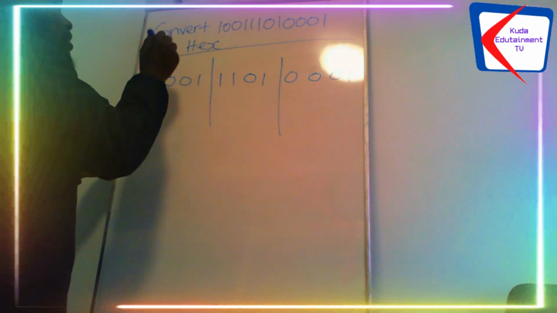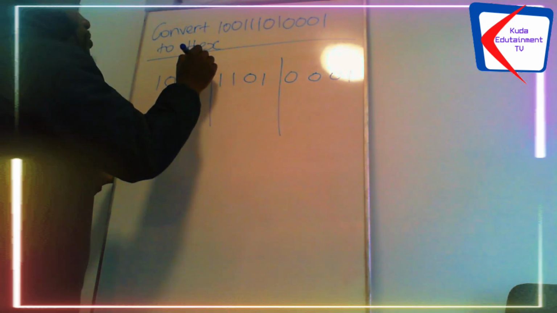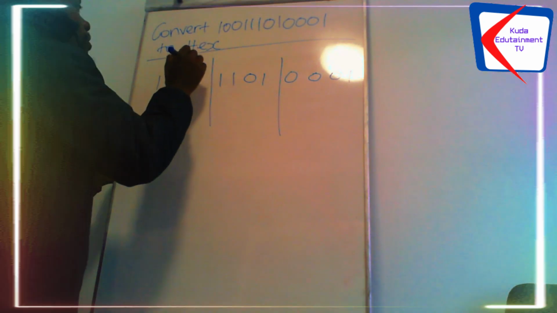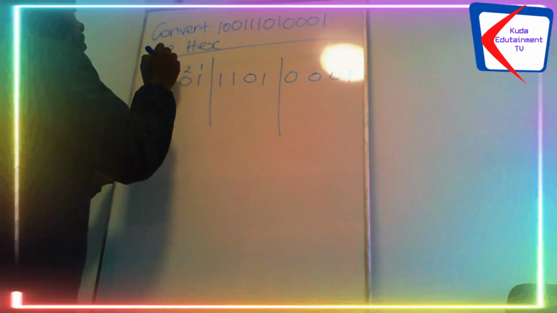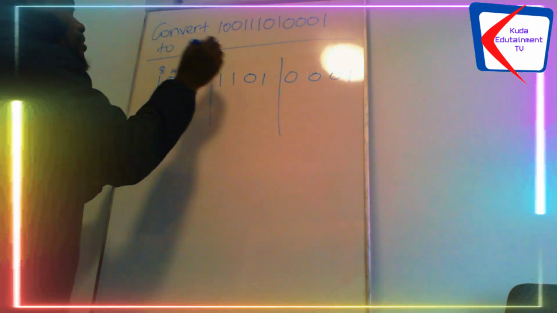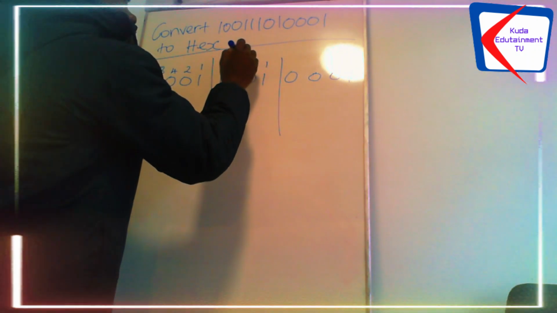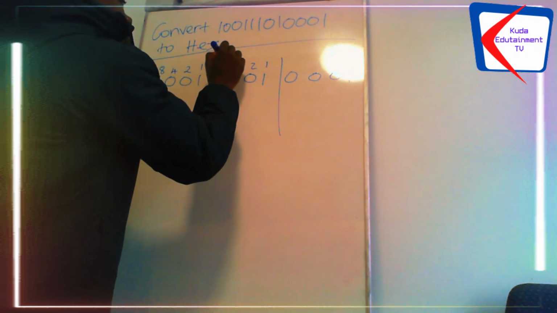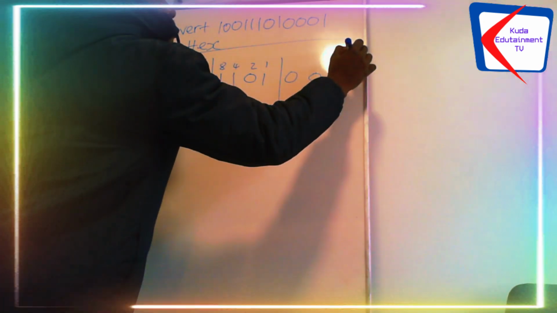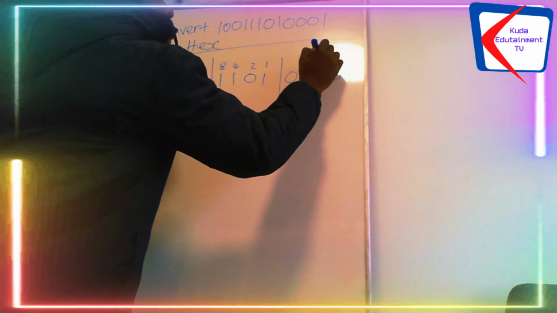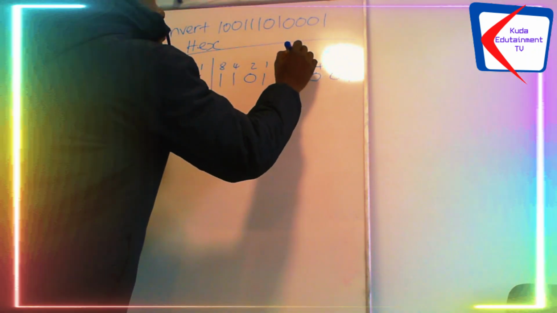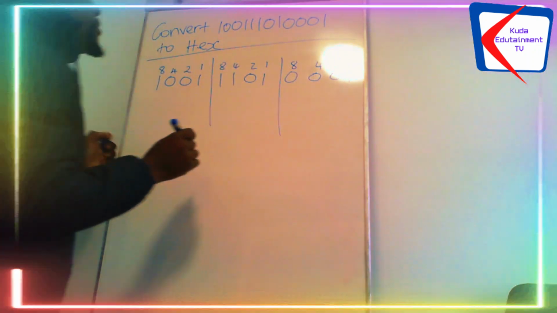So we write 2 to the power 0, 2 to the power 1, 2 to the power 2, and 2 to the power 3. The same applies to each of the groups.